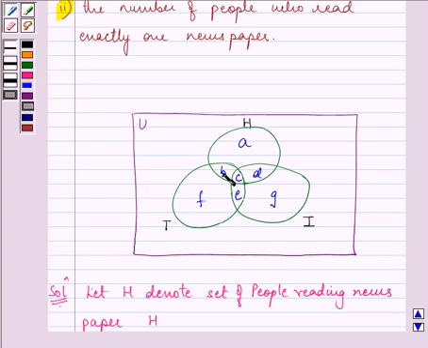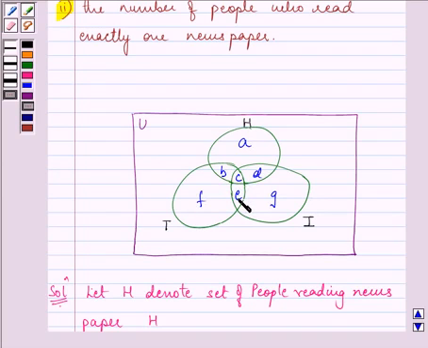Here, A plus B plus C plus D will represent the number of people reading newspaper H. Similarly, B plus C plus E plus F will represent the people reading the newspaper T. D, C, E, G are the elements in set I. Then we have H intersection T, which include the elements B and C. So that means B plus C should be equal to 11. That is given to us.